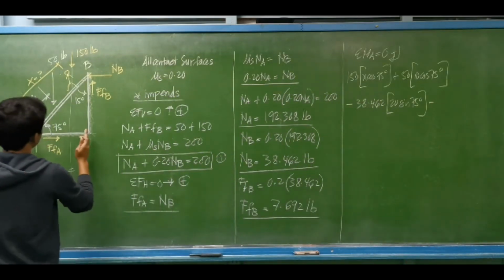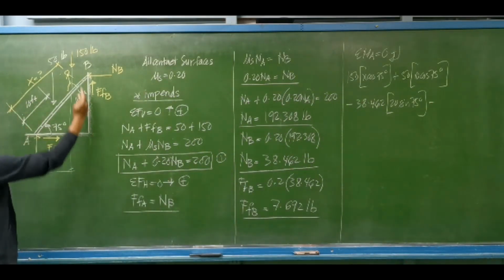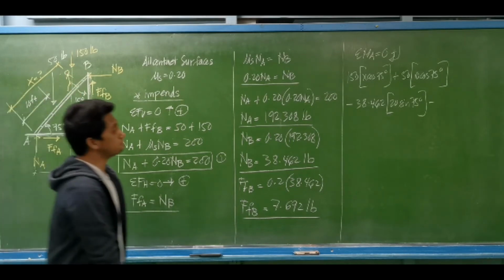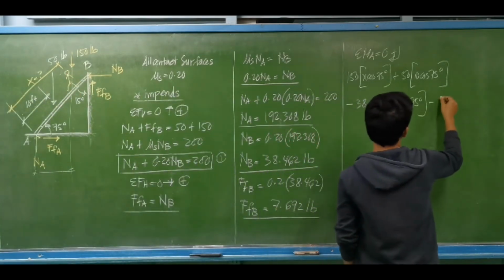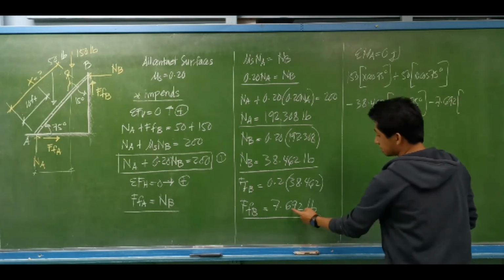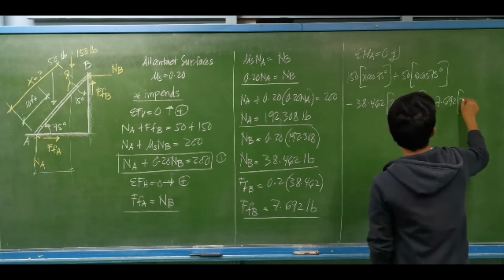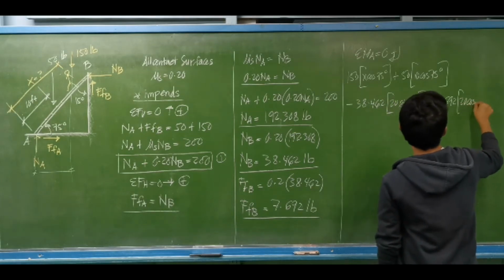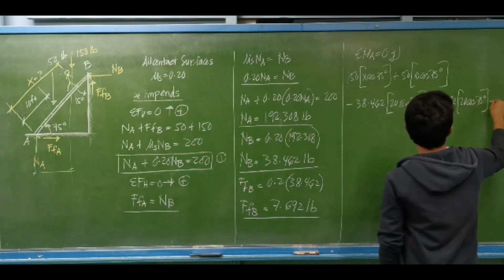Minus the frictional force at B, the frictional force at B is 7.692. The lever arm is 20 cosine of 75 degrees, equal to 0.